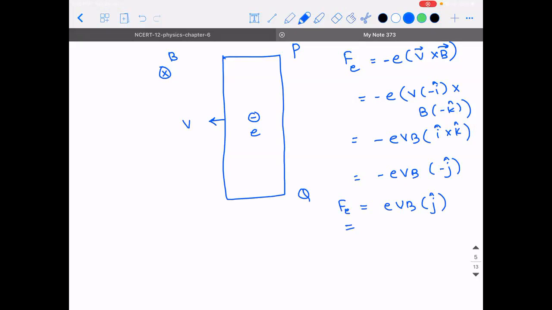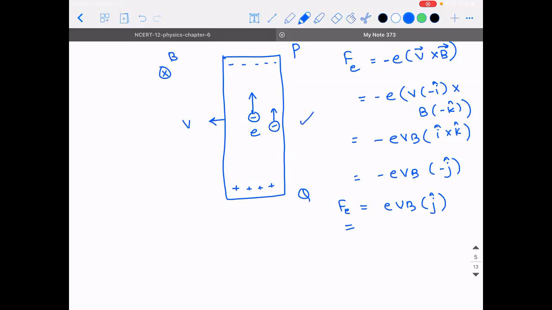The electron will start experiencing a force in the upward direction, as a result of which all those negatively charged particles experience a force upward. They get accumulated at the top, leaving behind the positive charge at the bottom. Are you able to understand this logic? One way of finding the polarity is using Lenz's law. The other way of finding the polarity is by using the Lorentz force.